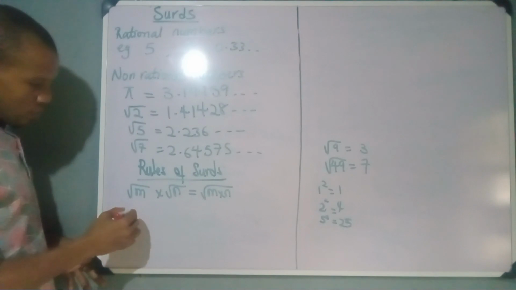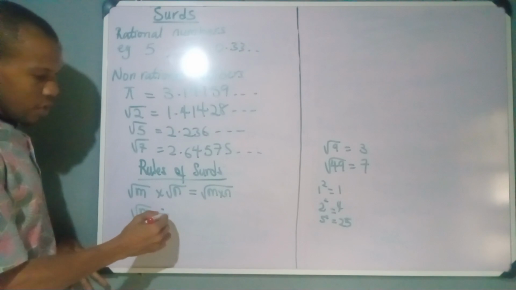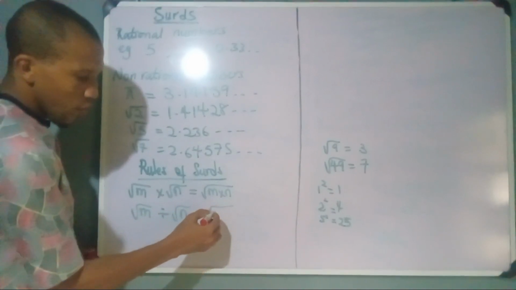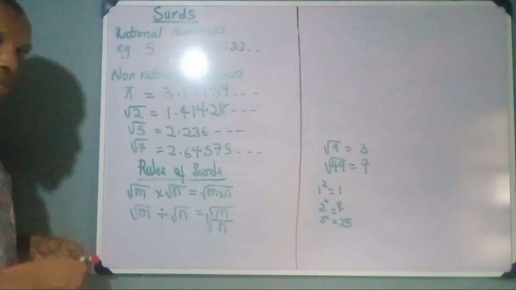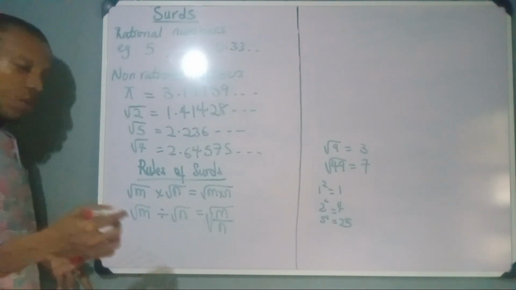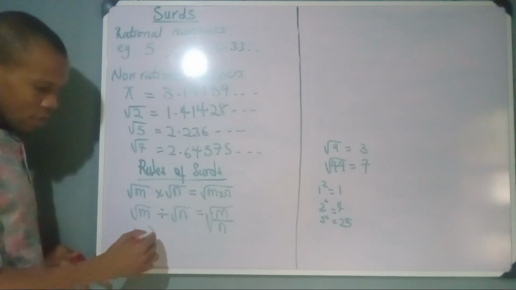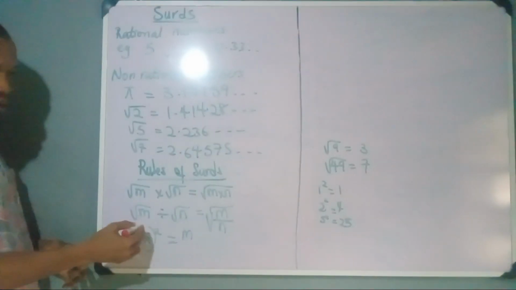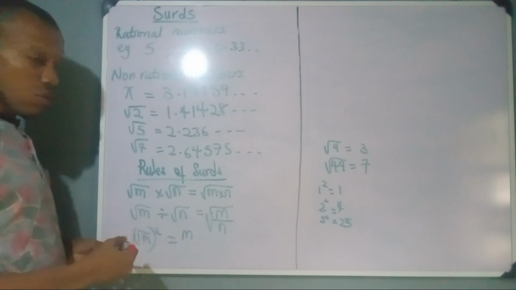Also, the square root of m divided by the square root of n is equal to the square root of m over n. Now also remember, root m squared is equal to m, because the square root will cancel out the square.